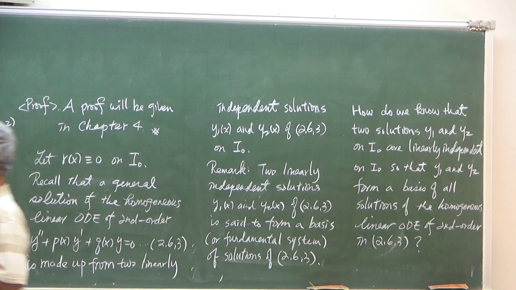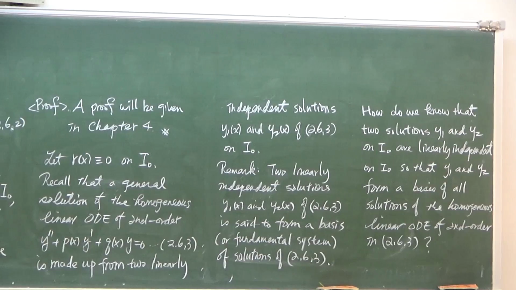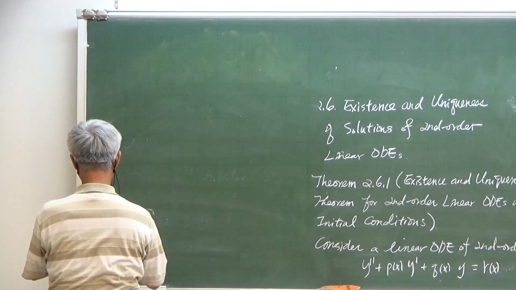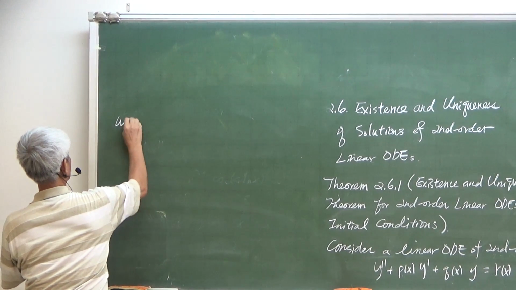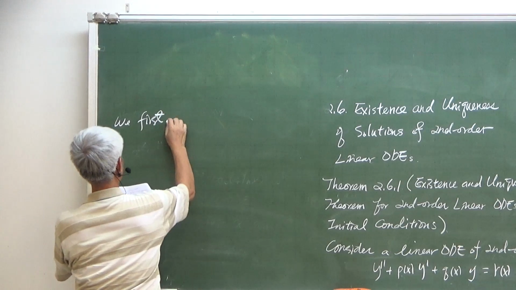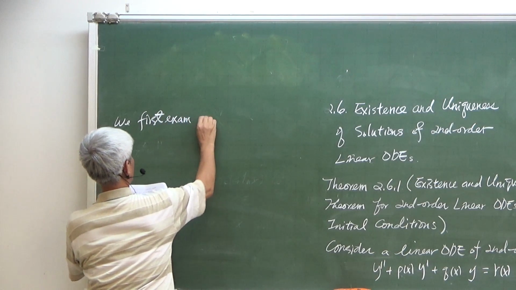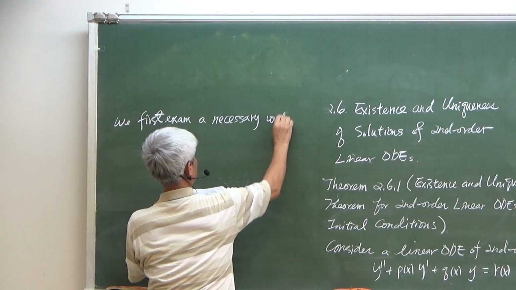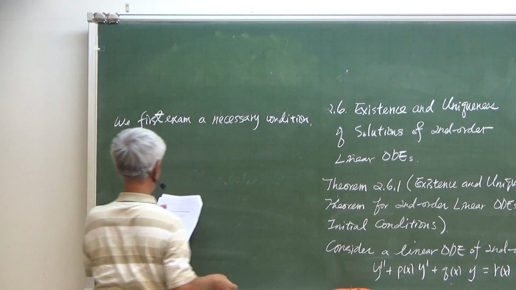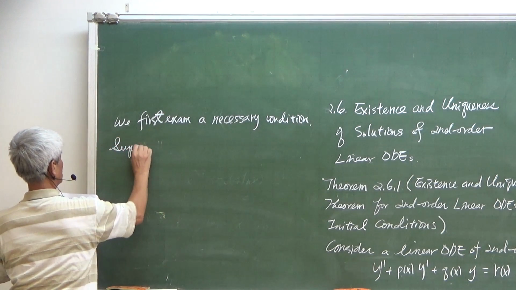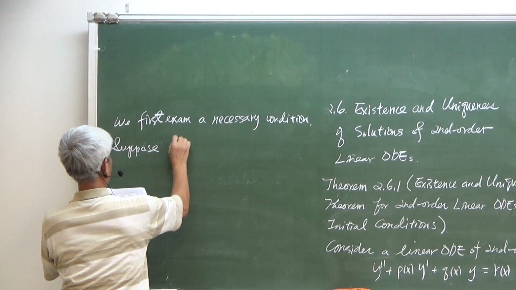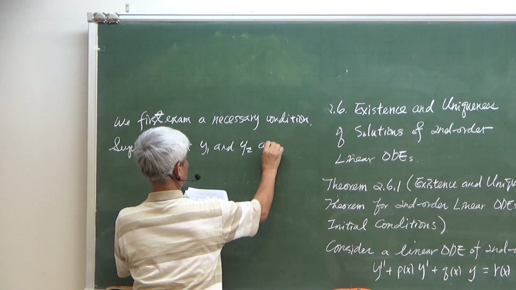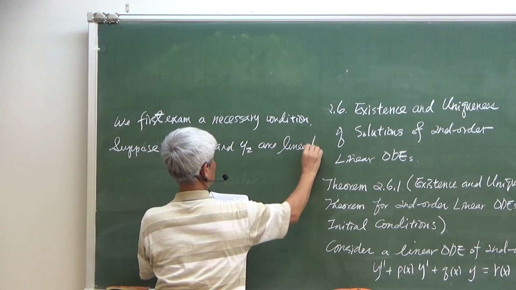Okay? First of all, we will see a necessary condition. We first examine a necessary condition. Alright, so suppose that y1 and y2 are linearly independent.